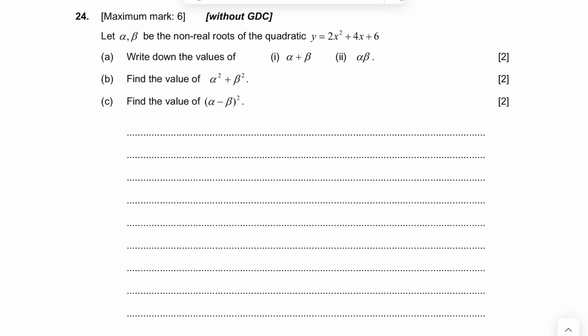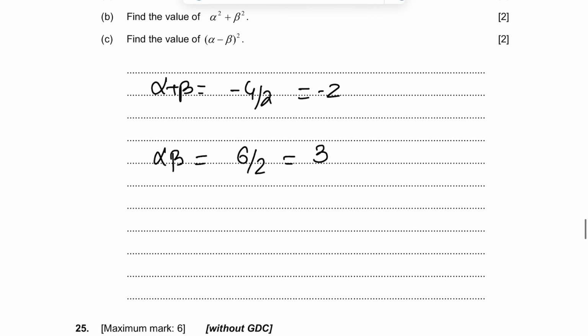Question number 24. If alpha and beta are the non-real roots of the quadratic, write down the values of alpha plus beta. Sum of the roots is minus b upon a, which is minus 2. Product of the roots is c upon a, 6 upon 2, which is 3. Next, alpha squared plus beta squared will be alpha plus beta whole squared minus 2 alpha beta.